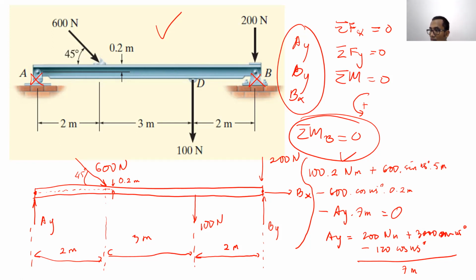It's about 320, sir. 320 Newton meter. Sorry, Ay equal to 320. 320 Newton, because you divide it by meter, right? Yeah. Okay, 320 Newton.